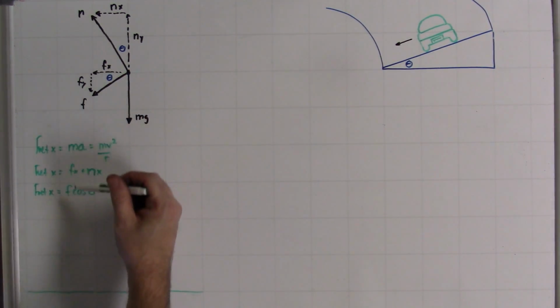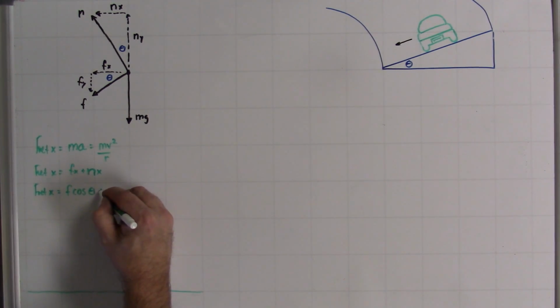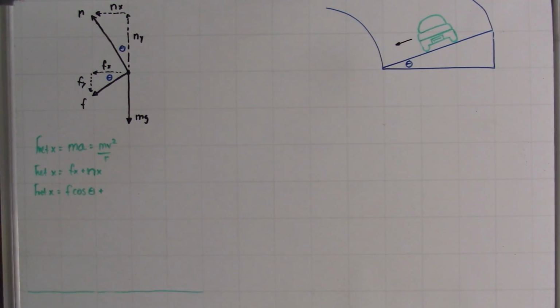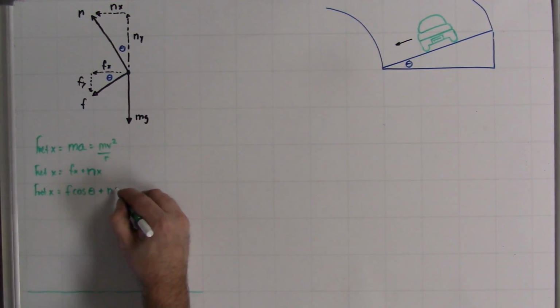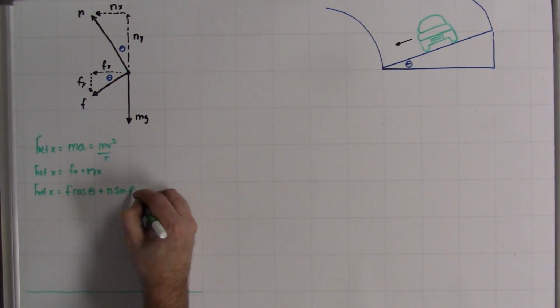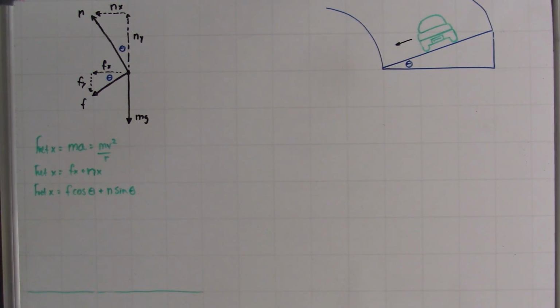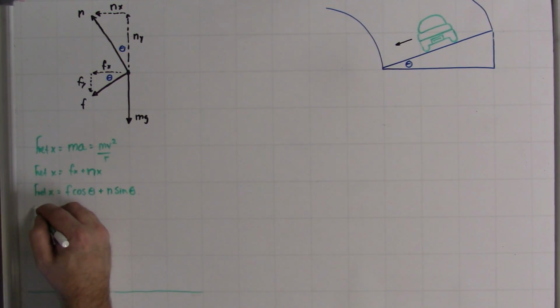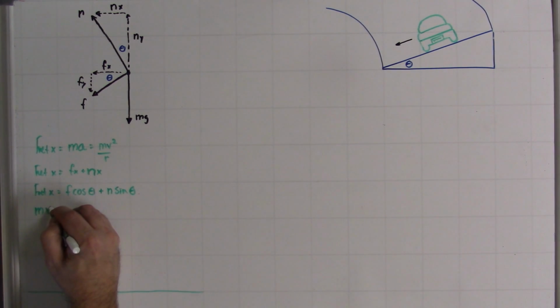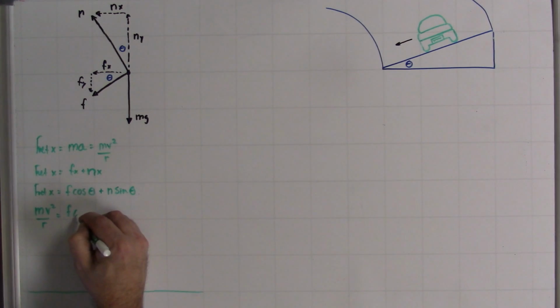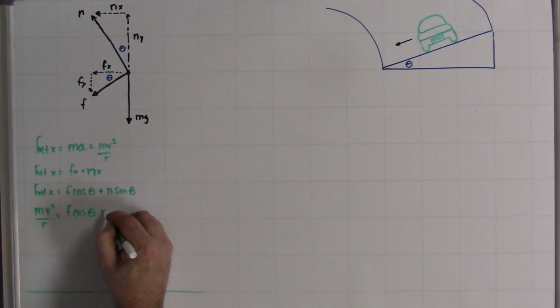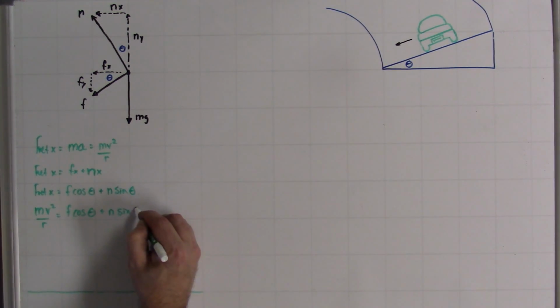So the F in the x direction is F cosine theta plus the N in the x direction, which is the normal force sine theta. And then we end up with this statement that mv squared over r is equal to F cosine theta plus N sine theta.